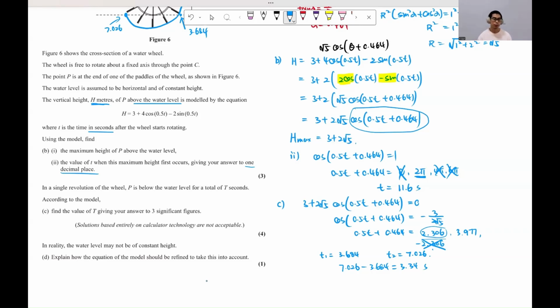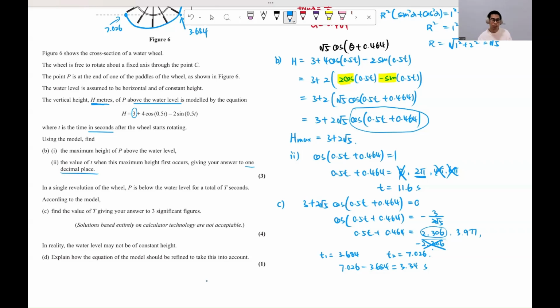And then part D, in reality, the water level may not be of constant height. Explain how the equation of the model should be refined to take this into account. So they don't want the water level to be constant height. That means this 3 is a constant. If you don't want that to be a constant height, you need to make that vary.